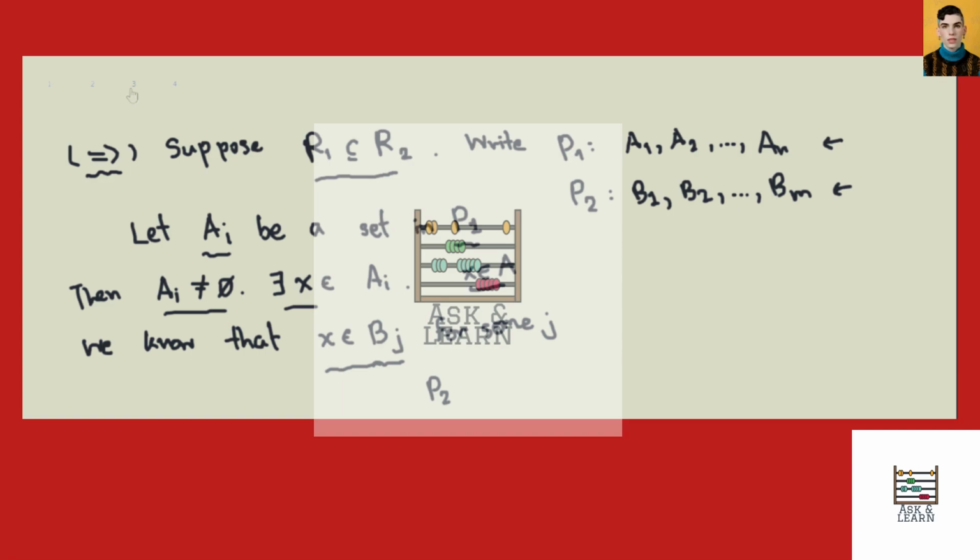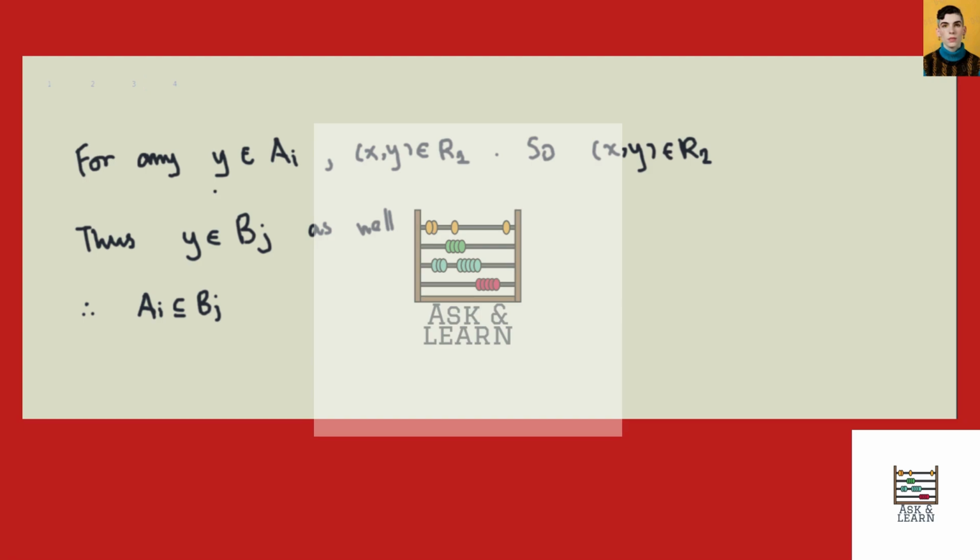And from this, if we look at any other element y in the set Ai that we start with, since x and y are in the same set in a partition, that is the same equivalence class, that means x and y are related under R1, right?